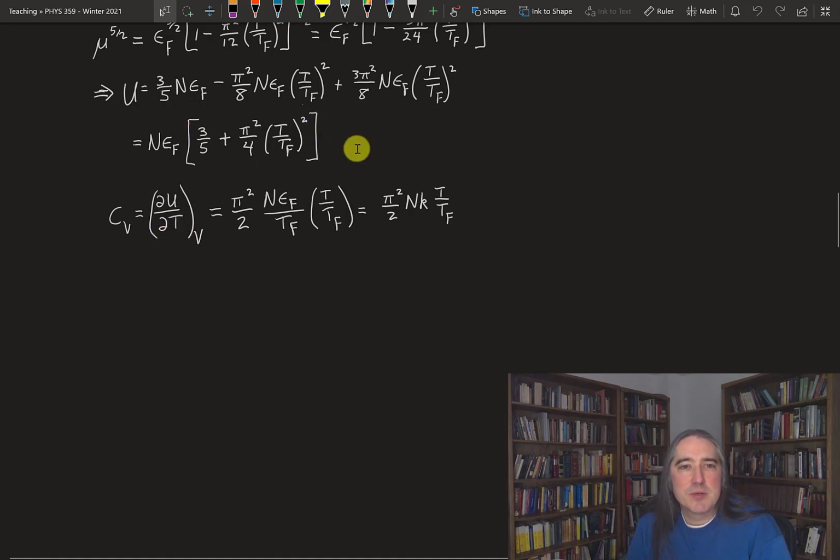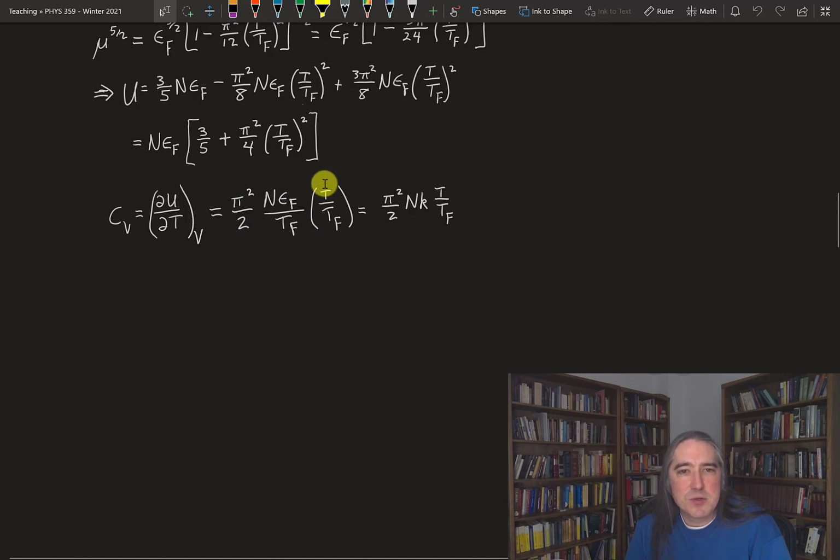And when we take the temperature derivatives up here, we're going to get pi squared over 2 n times E Fermi over T Fermi, right? Because that's the units we should have in energy per temperature. And then it's going to be linear in T, right? So T over Tf.